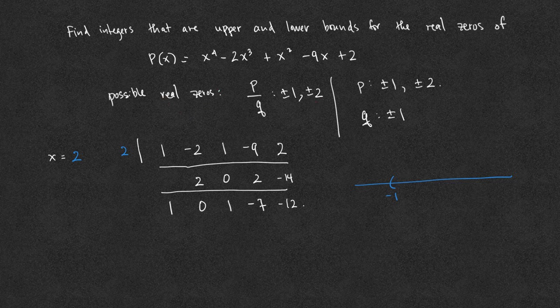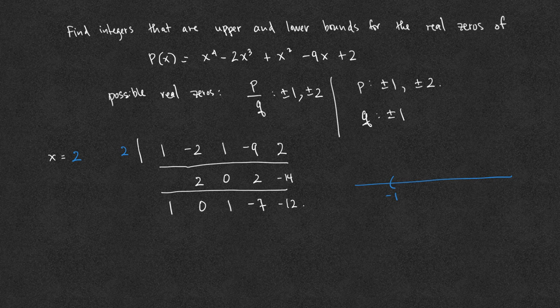There might be irrational zeros of the function, but synthetic division cannot check those. Now the question asks us to find the upper and lower bounds for the real zeros. We found the lower bound already. We haven't found the upper bound yet.